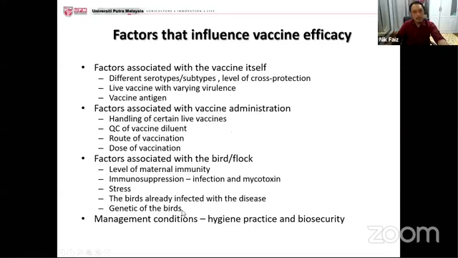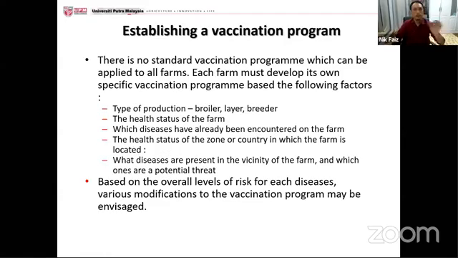If the bird is already infected with the disease, it becomes redundant to vaccinate. And then the genetics of the bird itself: some birds are susceptible to a virus or pathogen, and some birds are much more susceptible to other pathogens. And management conditions, hygiene practices, and biosecurity.